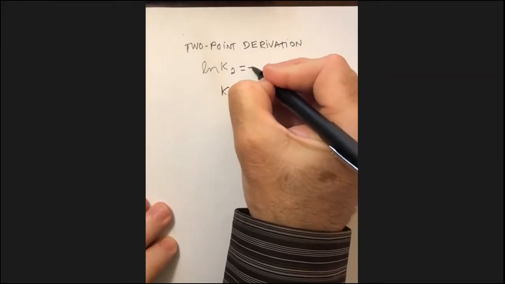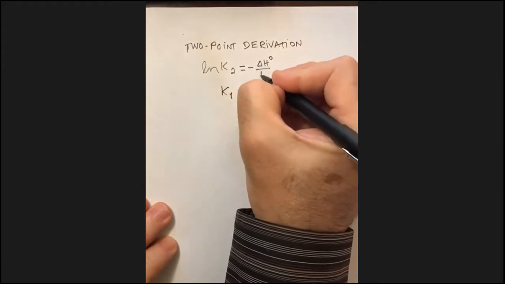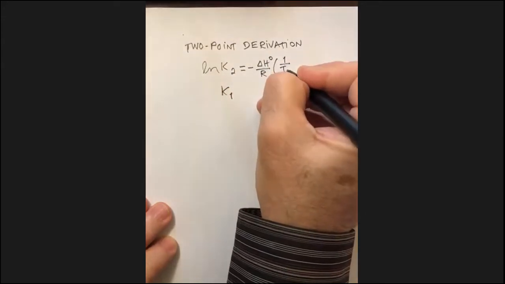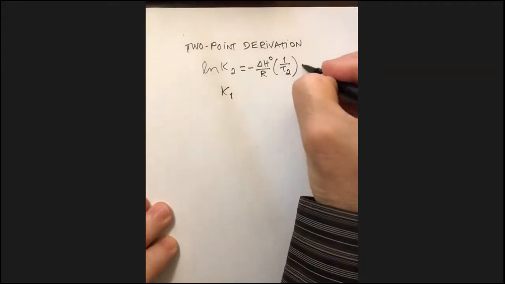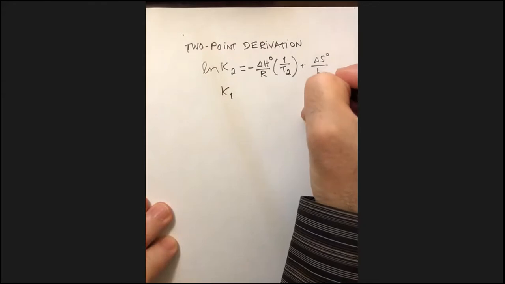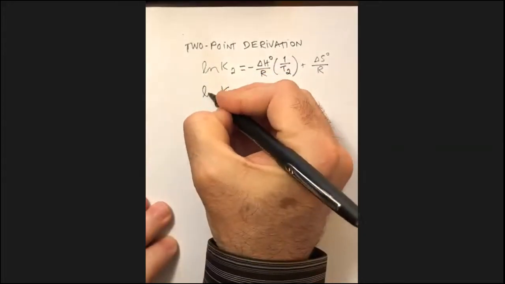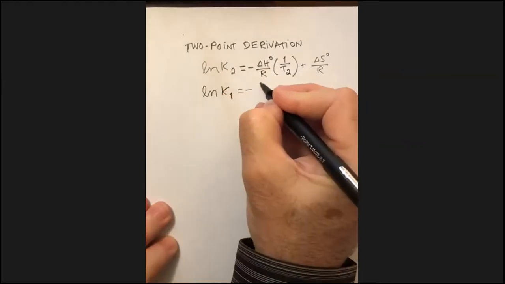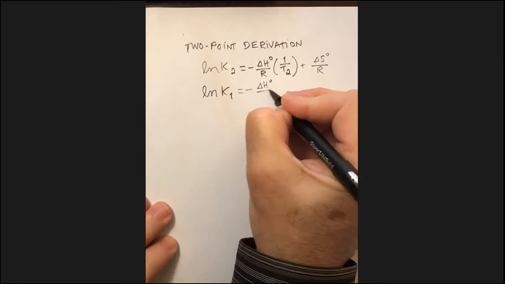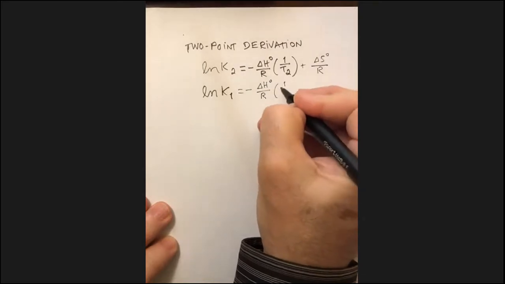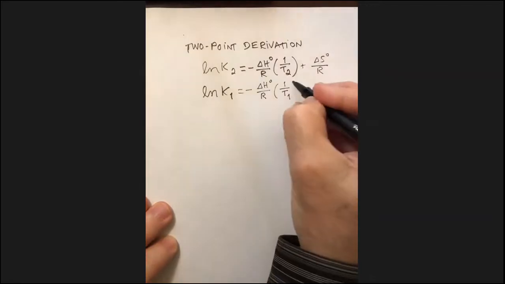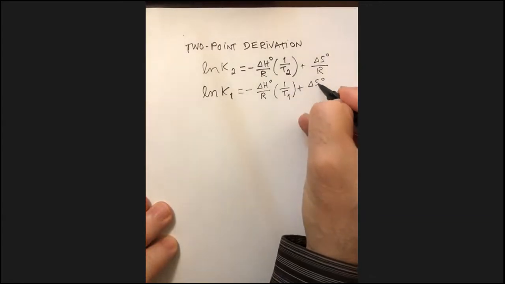So this would be log of K2 equals minus delta H naught over R times 1 over T2 plus delta S naught over R. We make the assumption that the standard enthalpy and the standard entropy changes are constant over this range. Let's do K1. Log of K1 would be minus delta H naught over R times 1 over T1 plus delta S naught over R.